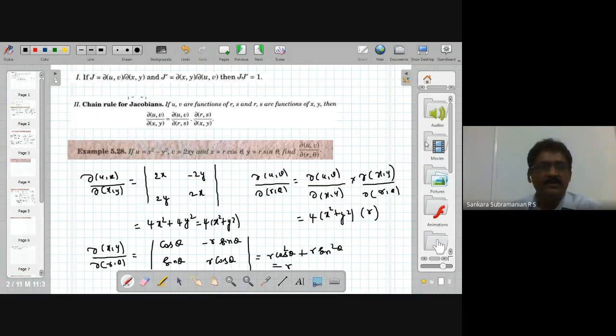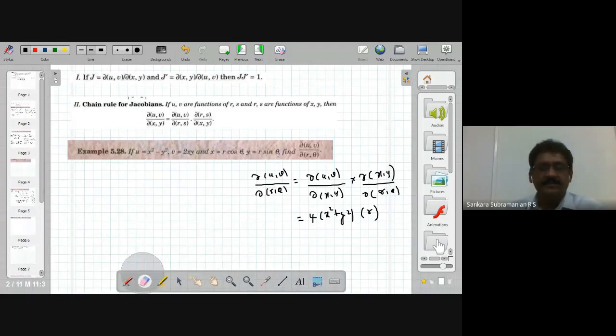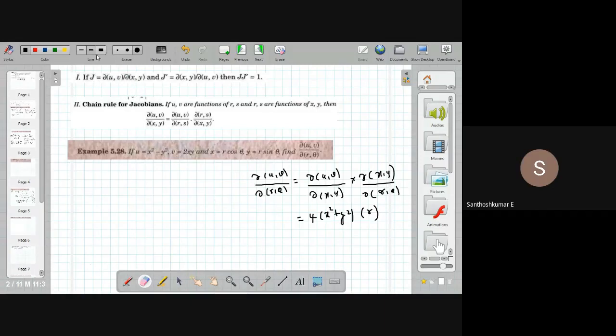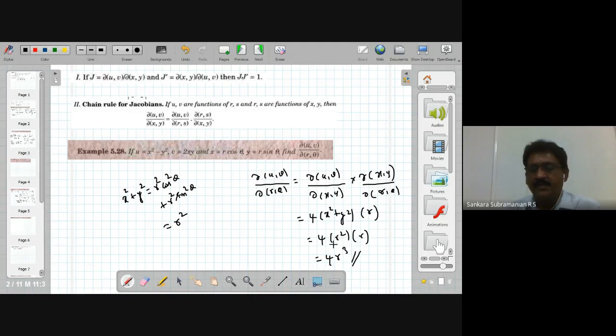So how are you going to express it? Since x equals r cos theta and y equals r sin theta, x square plus y square equals r square cos square theta plus r square sin square theta. This is also correct, but not as good. So this is r square, and you can write 4 times r square into r. The answer is 4r cube, exactly in terms of one variable.